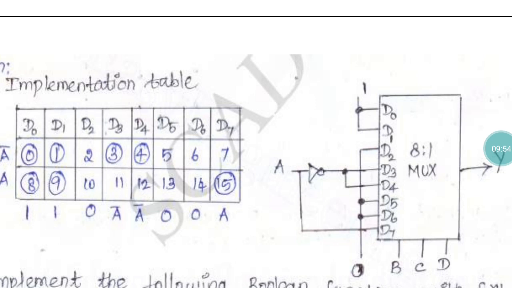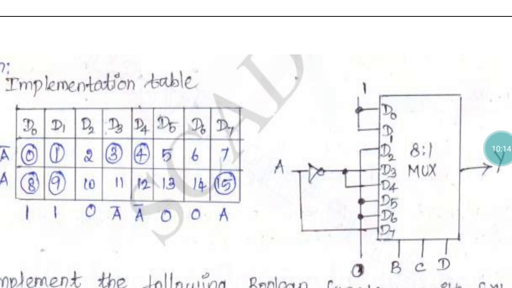You can refer to the implementation table. D0 is marked with the assigned value 1, and D1 is assigned the value 1. Both are connected together and connected to 1 in the circuit diagram.